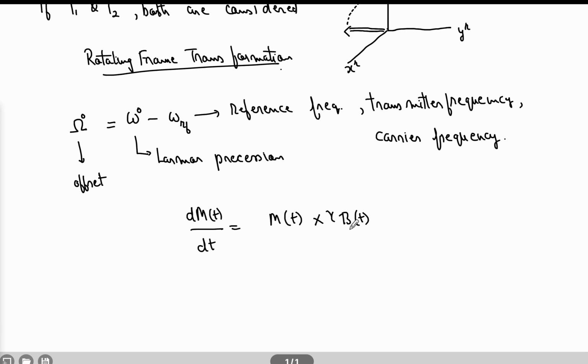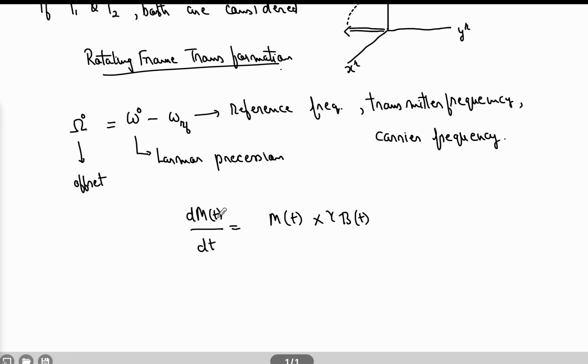So this is the field, this is the magnetization, and then dM by dt. There is a cross product, and this comes as a result of application of the concept of torque, right? So let's not go into that again. We have already covered this.